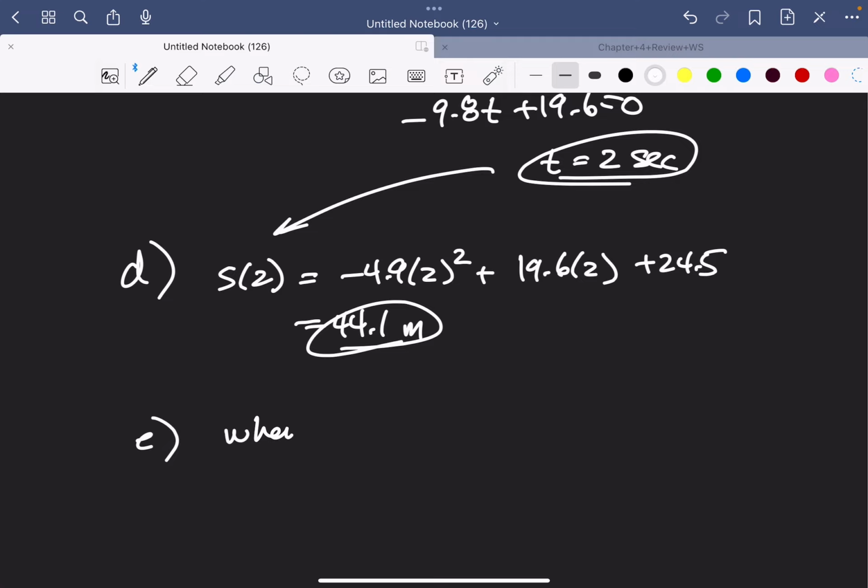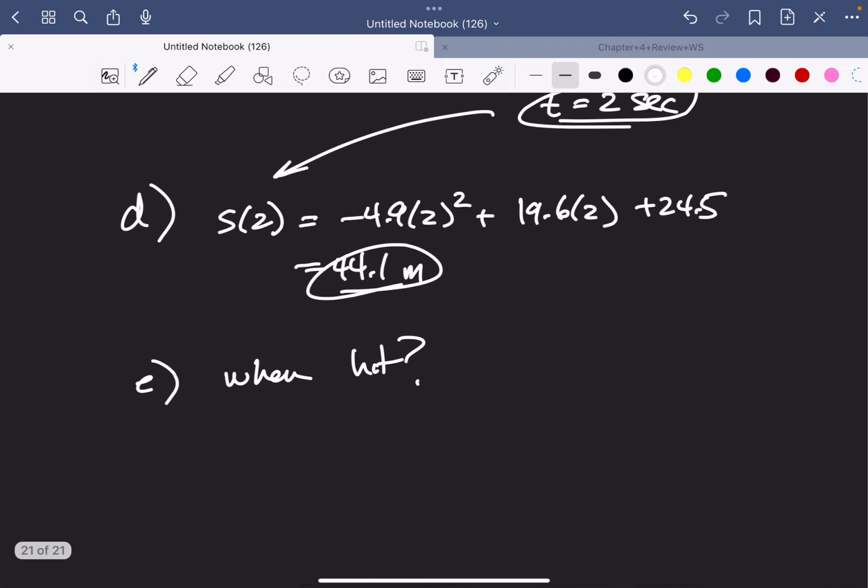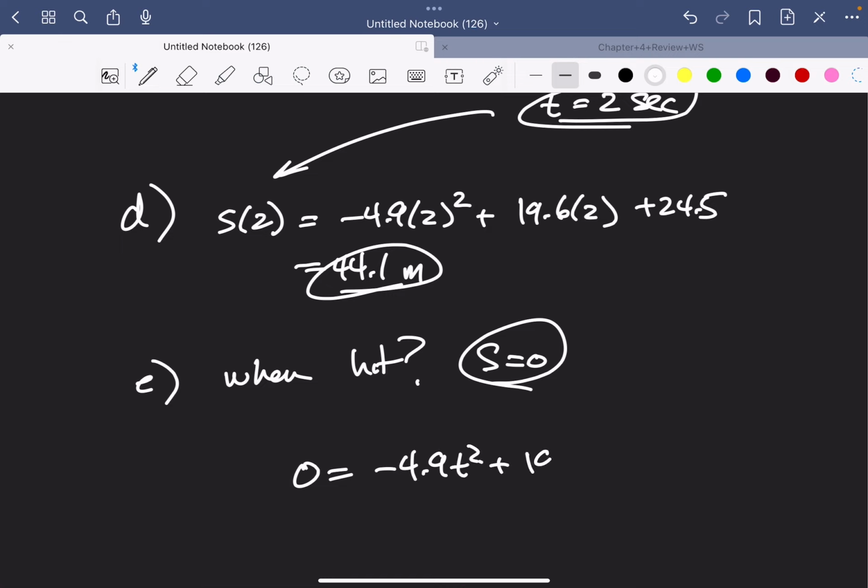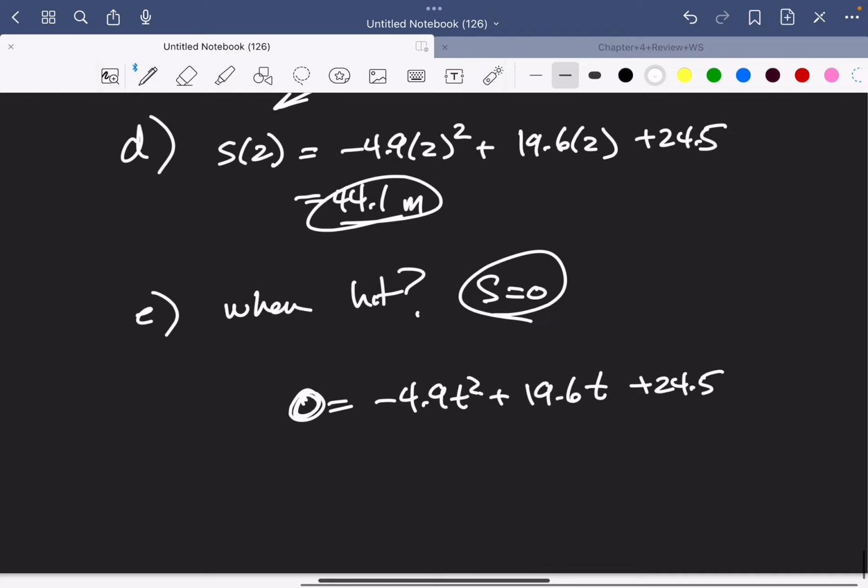So when will it hit the ground? Well, that's when position equals 0. So I take my position function, which is negative 4.9 t squared plus 19.6 t plus 24.5, and I set it equal to 0. Well, first off, you can take out a negative 4.9.